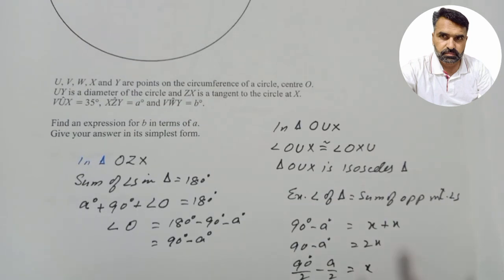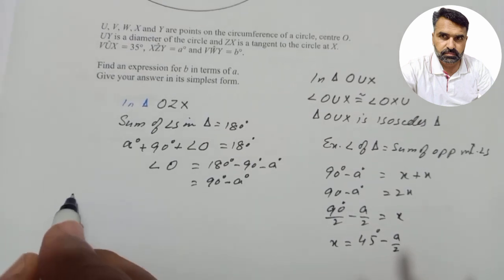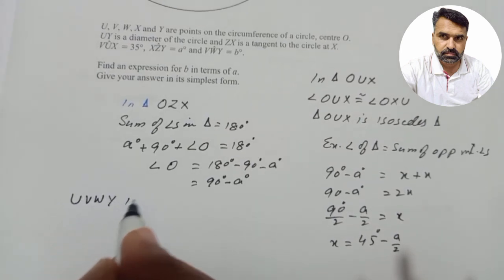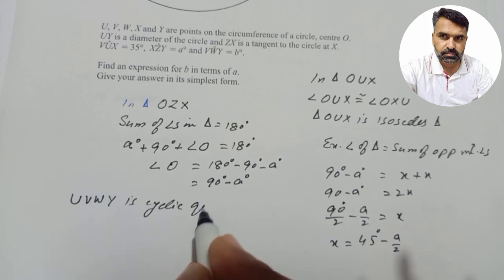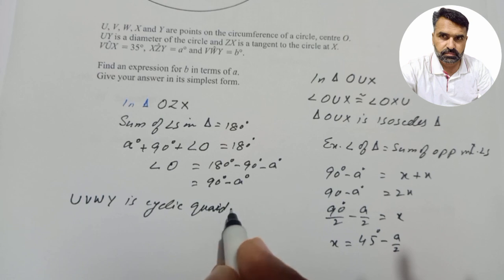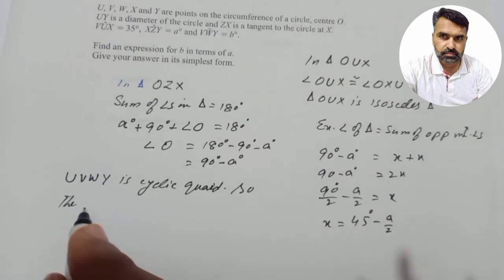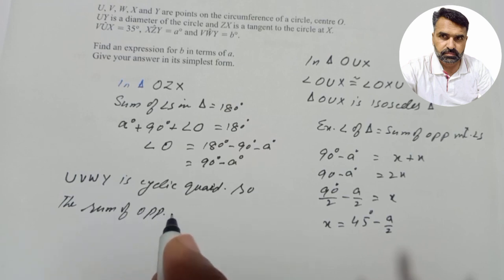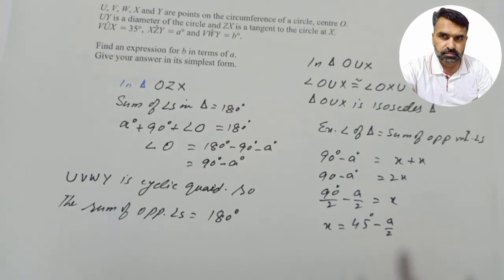So here I will write that UVWY is a cyclic quadrilateral. So the sum of opposite angles is equal to 180 degrees.